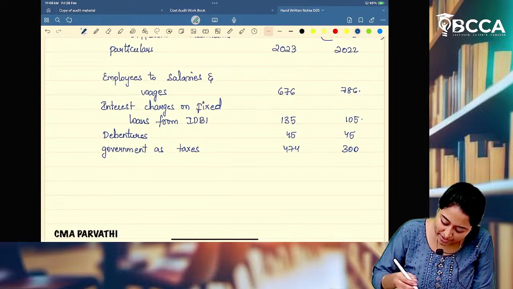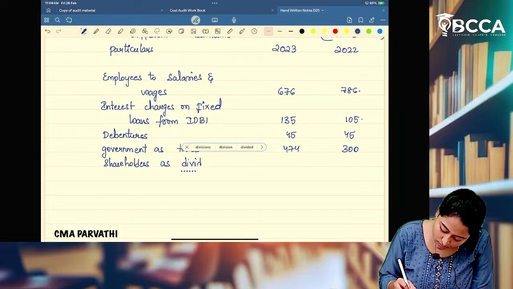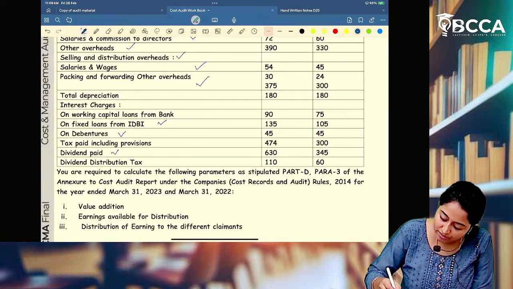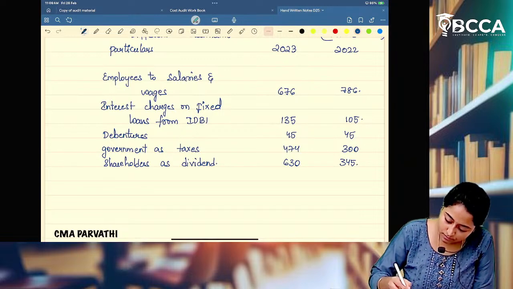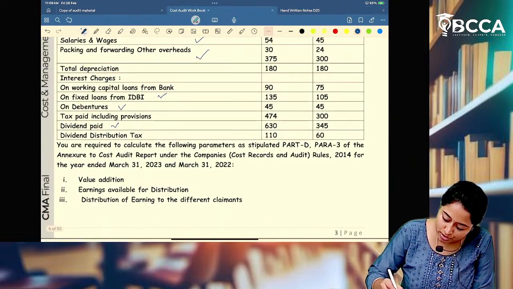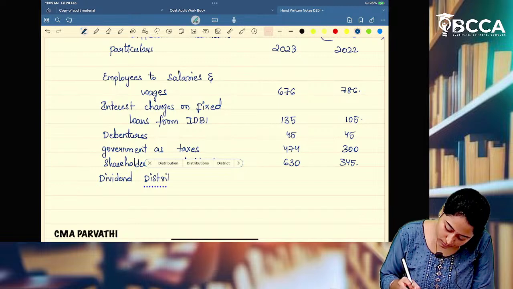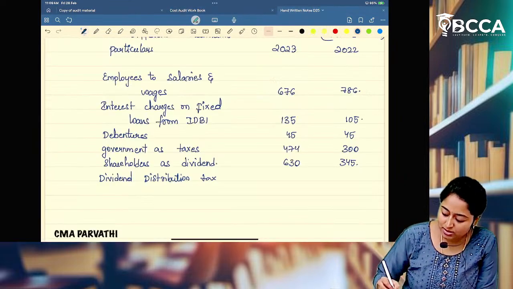Next, dividend paid. How much is the dividend paid? 630 and 345. And then dividend distribution tax. It is 110 and 60.